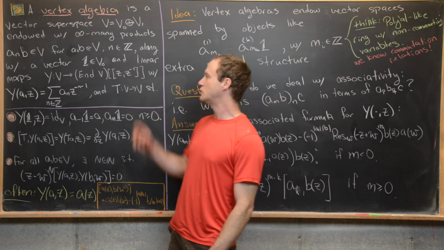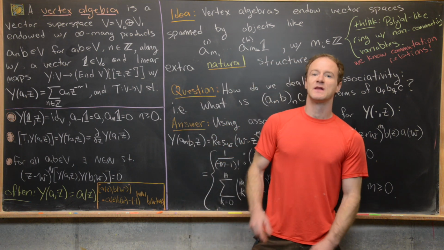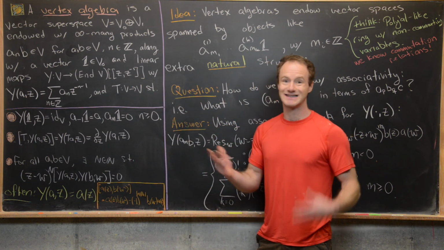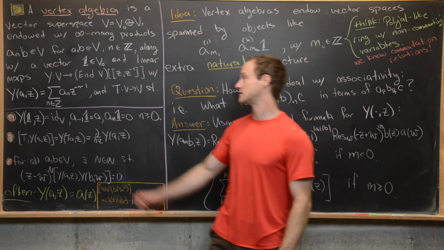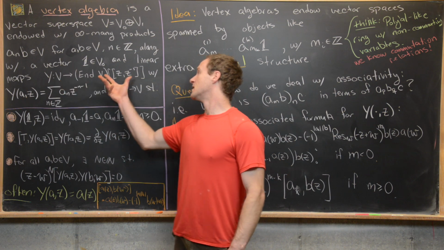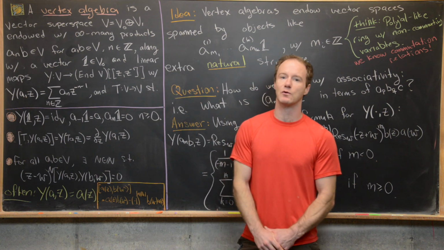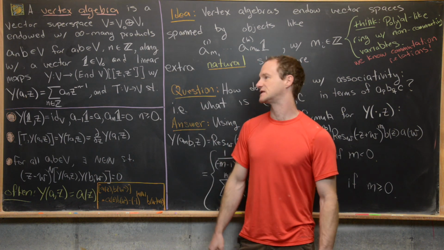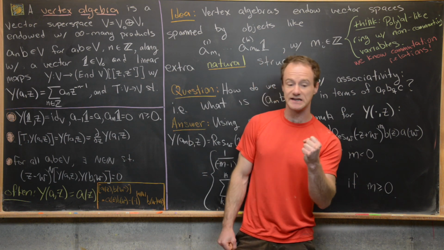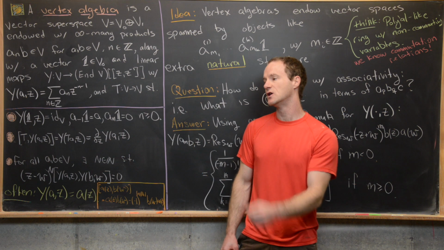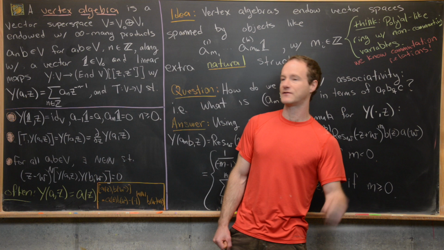And then we also have two important linear maps. One is called the vertex operator. The vertex operator is part of the state-field correspondence, which we'll talk about later after we have some examples under our belt. It is a map from V to the ring of formal Laurent series whose coefficients are endomorphisms of V. That sounds really scary, but the idea is that you take our products and, instead of thinking of them as products, we think of them as linear maps associated to the left vector.